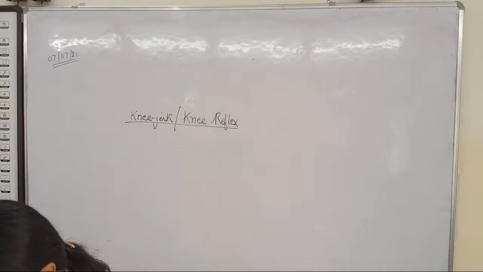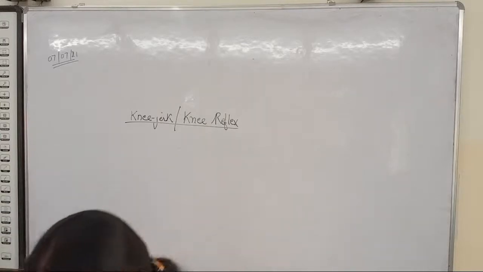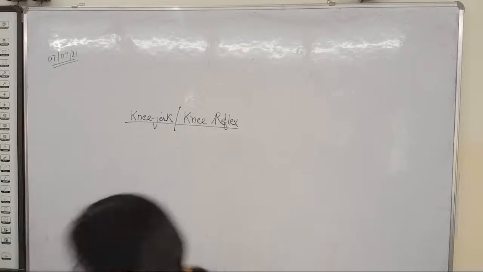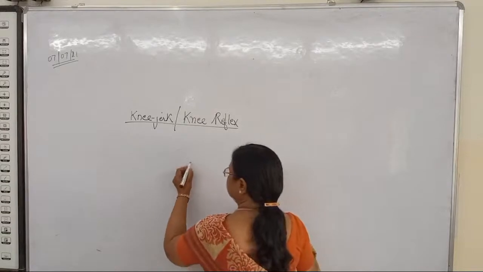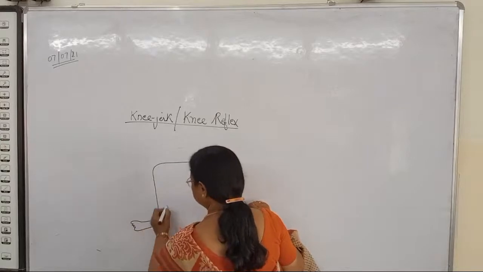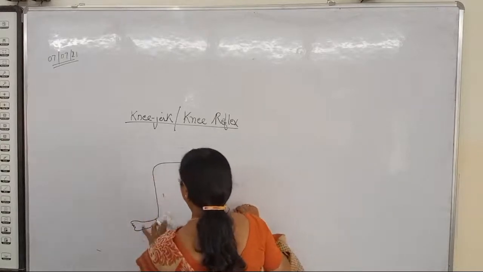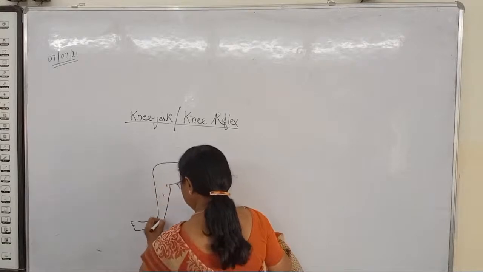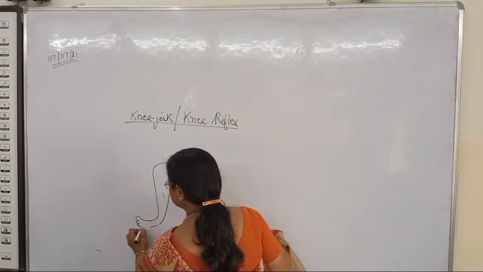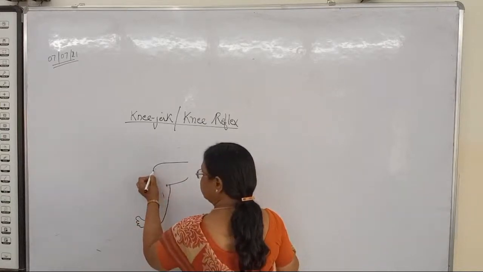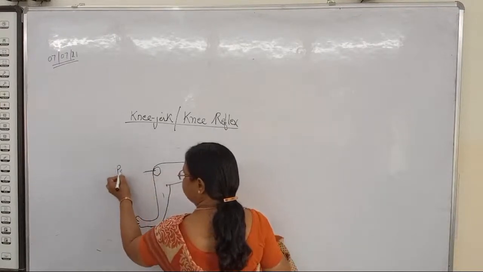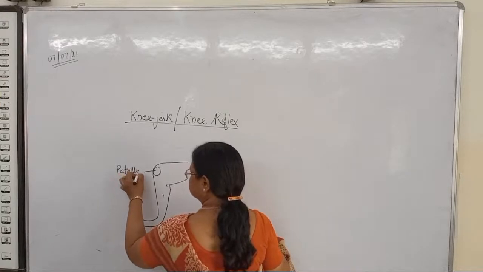Now, in this pathway, suppose your knee, you know that in your knee you have a bone cap-like structure that is called patella, right?